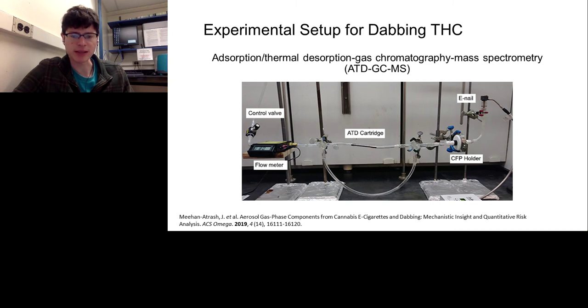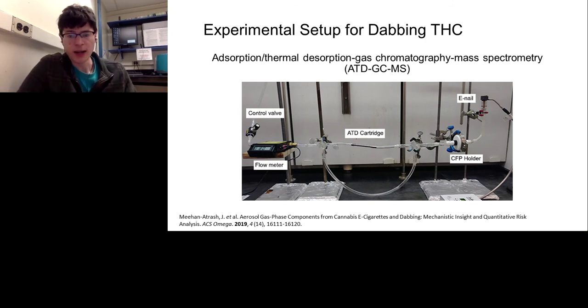This is a sampling method that allows you to collect gases onto a little tube, the ATD cartridge, a little cartridge full of adsorbent material. Gases get stuck to that, then a machine desorbs them and they go right into the GCMS, essentially.